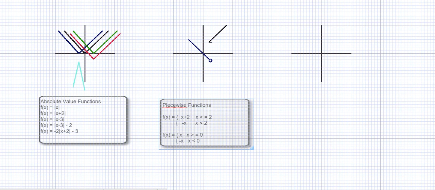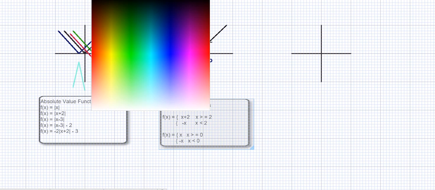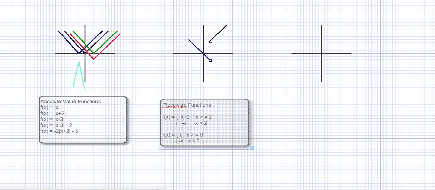Now, there's also something else interesting about them. I'm going to show you how you can use a piecewise function to create something that you already know, like the absolute value function. So the parent function for absolute value is f of x equals absolute value of x. But you'll notice that this second equation that I've got, which is f of x equals x whenever x is greater than or equal to 0, and minus x when x is less than 0, is a piecewise function, but it's going to look like this.